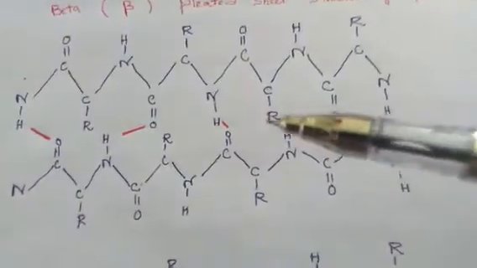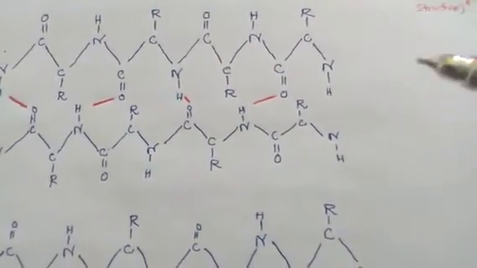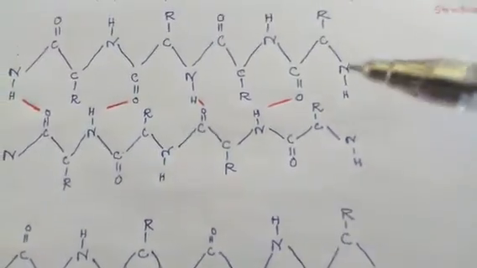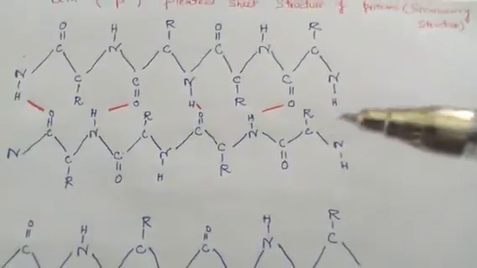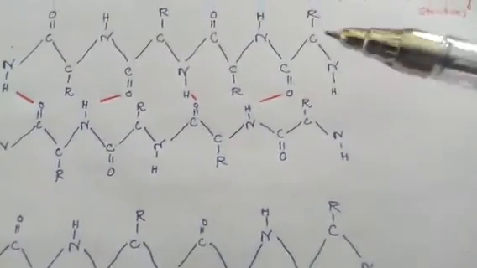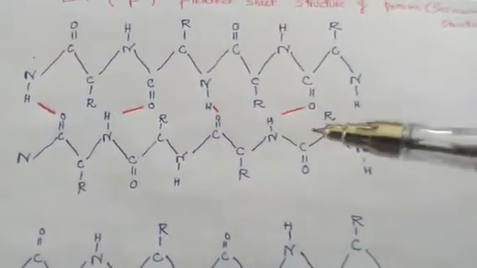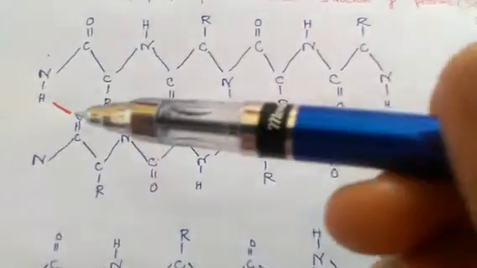In parallel arrangement, all the N terminus of successive strands are oriented in the same direction. This orientation may be slightly less stable because it introduces non-planarity in the inter-strand hydrogen bonds. You can have a look here.